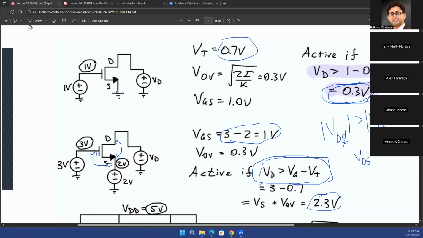VDS is just the voltage between the drain and the source terminal. It's not the voltage between the drain terminal and ground, because the source is not the same as ground anymore. So if VDS is greater than 0.3 volt, VD is greater than VS plus 0.3 volt, because VDS is nothing but VD minus VS. And VS is 2 volts, which you already know. So 2 plus 0.3 also gives you 2.3.